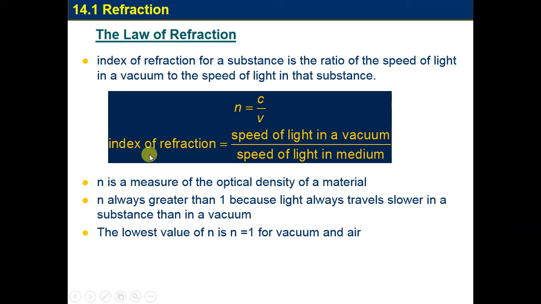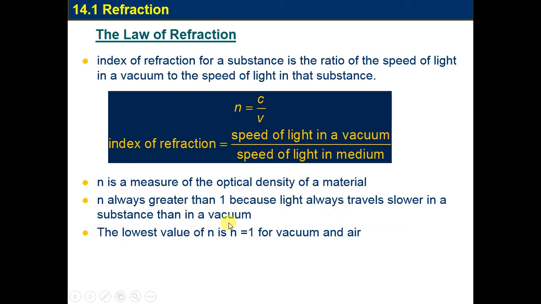N is an index of refraction, so it shows us that we will have more refraction in this material, which is glass. N is always greater than 1, because light always travels slower in a substance than in vacuum.